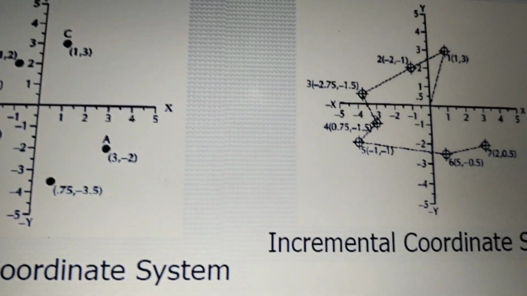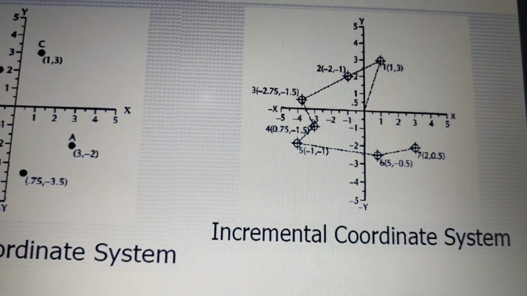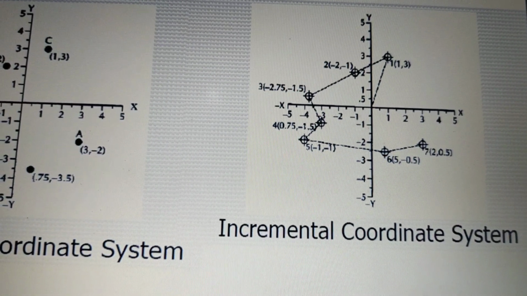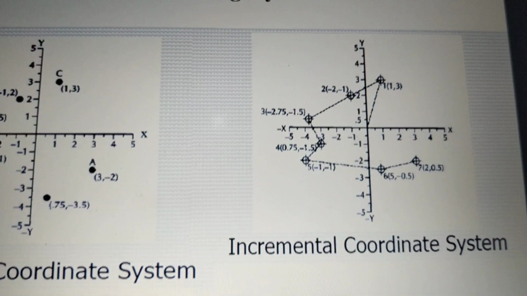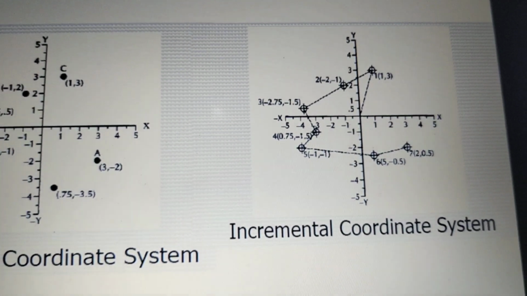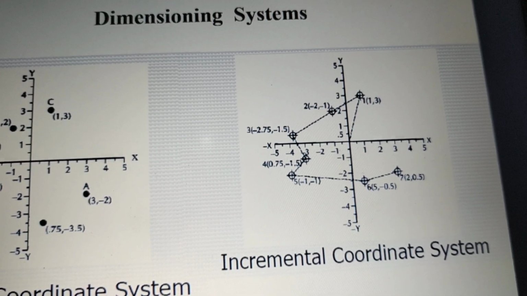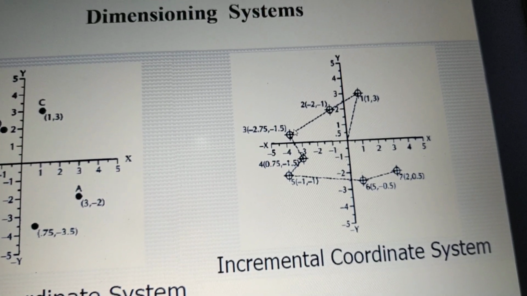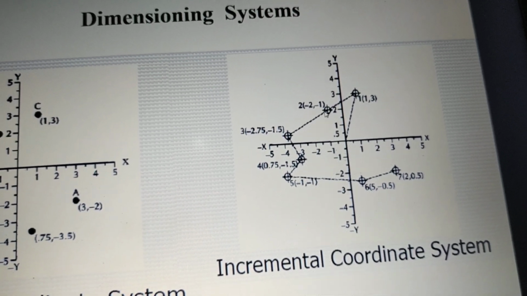Here you can see the incremental method of programming, that is called the incremental coordinate system. Here in the incremental coordinate system you can see that points are located each time by referring to the previous location.